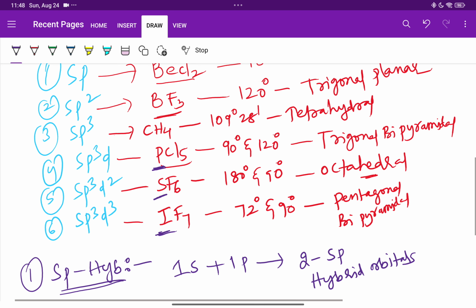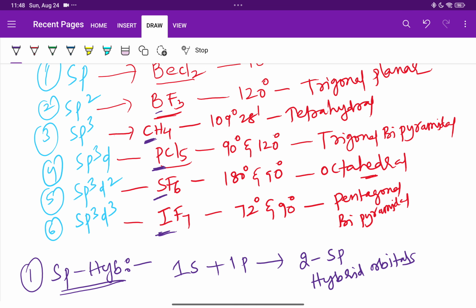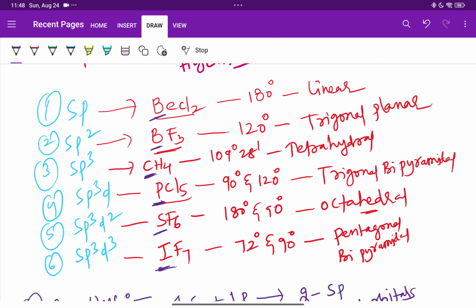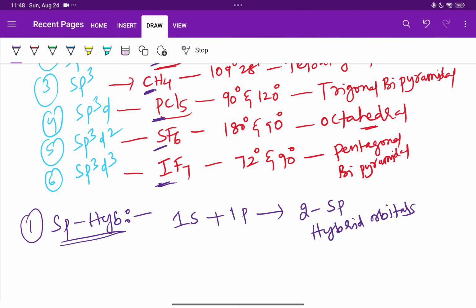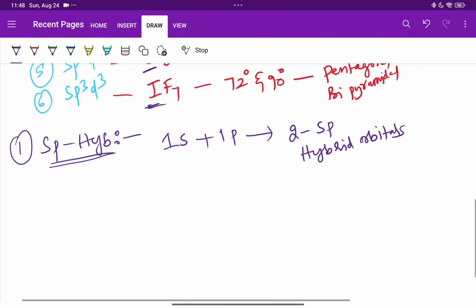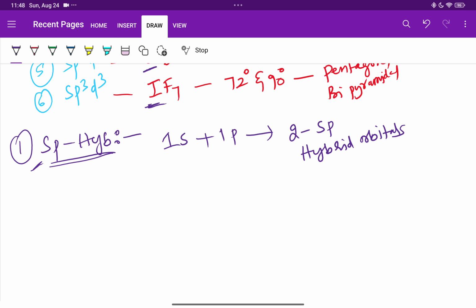I am underlining which one is the central atom in each molecule. Hybridization happens in the central atom, and hybridization is mainly for covalent molecules. So in sp hybridization, intermixing of one s and one p orbital will give you two sp hybrid orbitals. The example is beryllium dichloride.